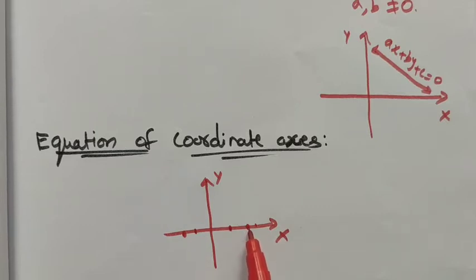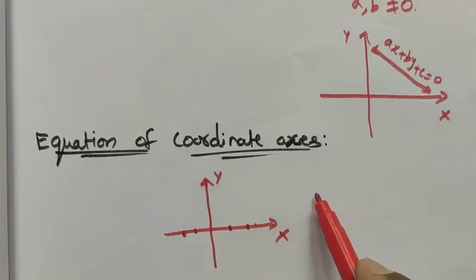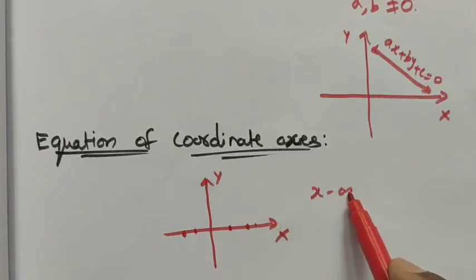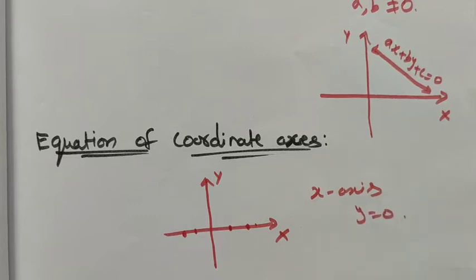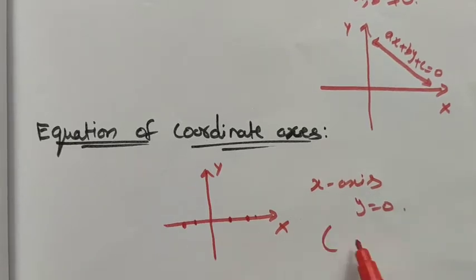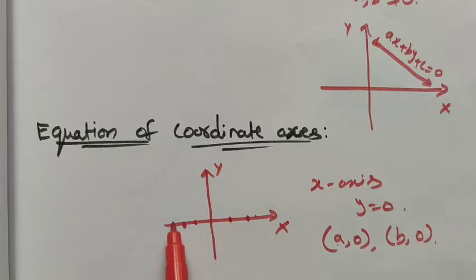The point lies on the x-axis means y is equal to 0, so the coordinate points are, for example, a comma 0, b comma 0. Wherever a and b are real values, they may change, but y is always 0. We call it an x-axis point. If the point lies on the x-axis, all the y values are 0.